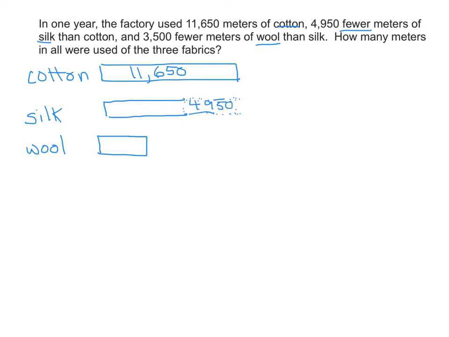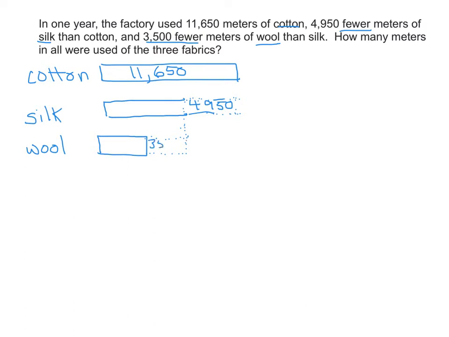4,950 fewer than the cotton. And then it says there were 3,500 fewer wool than silk. So this is the end line for my silk. So I'll make this the end line for my wool. And again, it's a dotted box, which my pen is not doing a great job of doing, but it's a dotted box because it doesn't really exist.